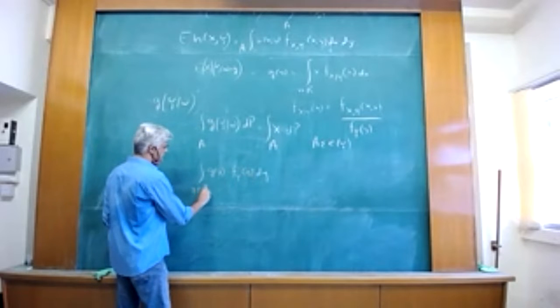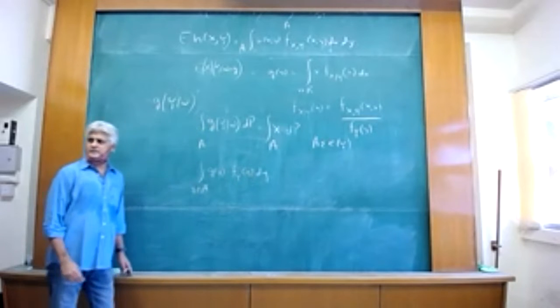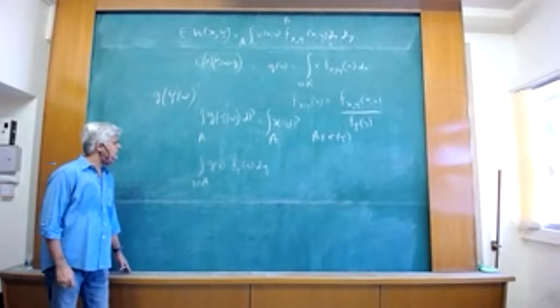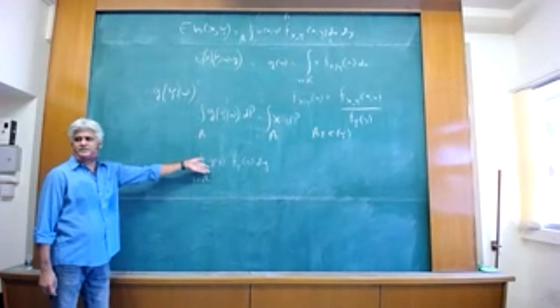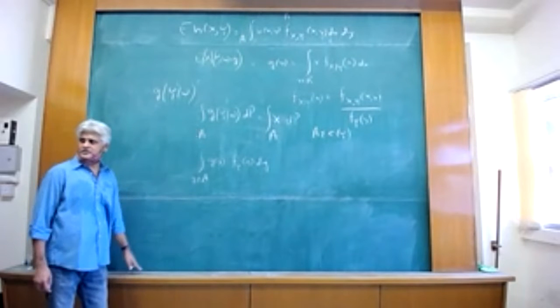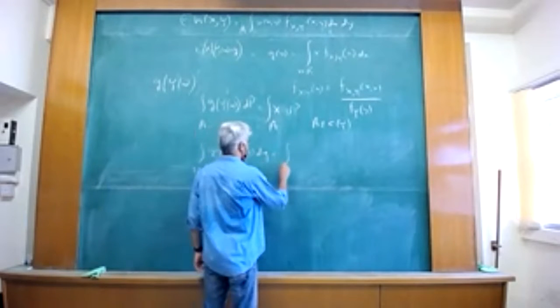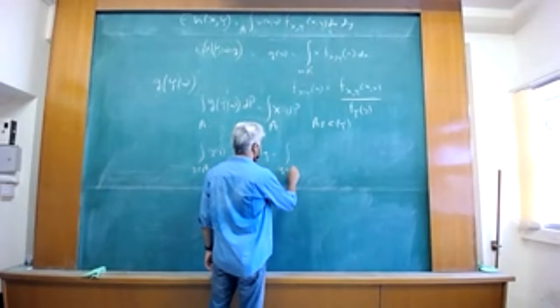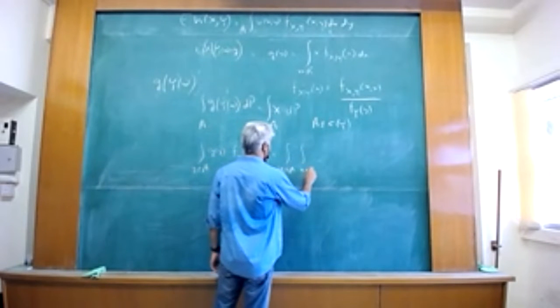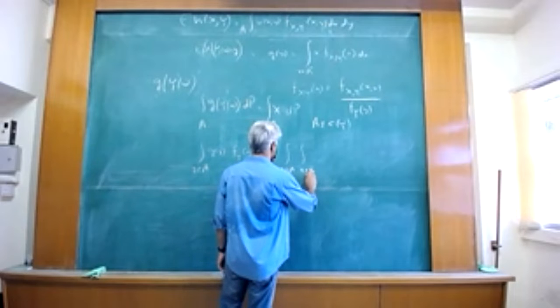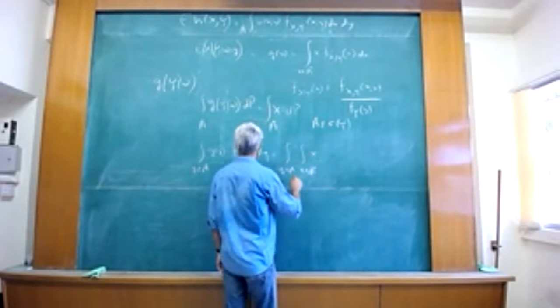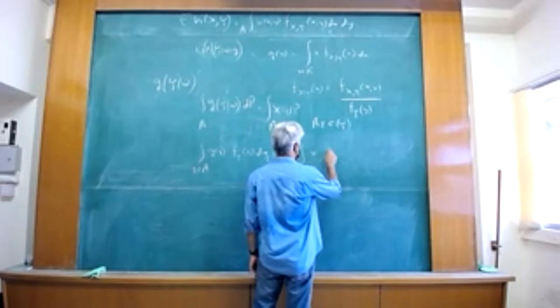Any function of y will have this property because of the joint distribution. We just showed it. Now this can be simplified as y in A, x in R, the conditional distribution.